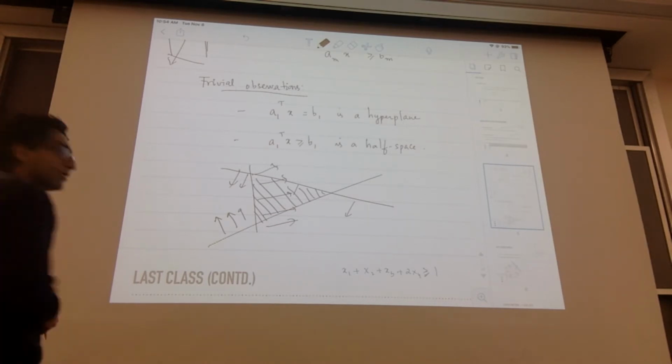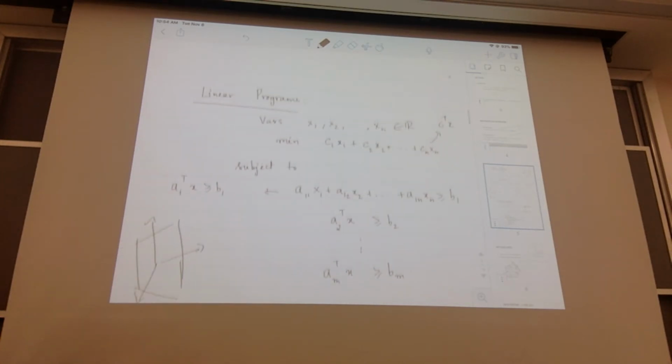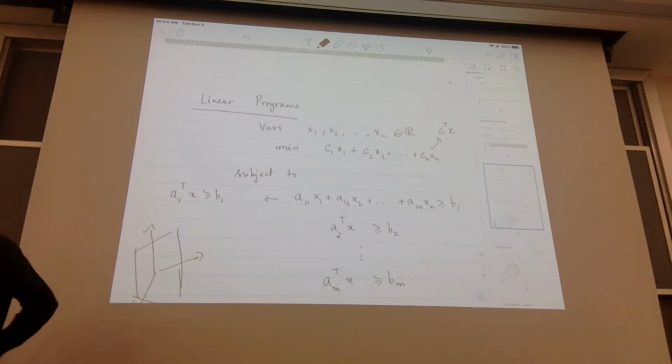Okay. So this is the formal setup. So any questions on this? Okay, so this is just basic geometry that you should be aware of if you're thinking about linear programs. That's why I'm spending time on this.